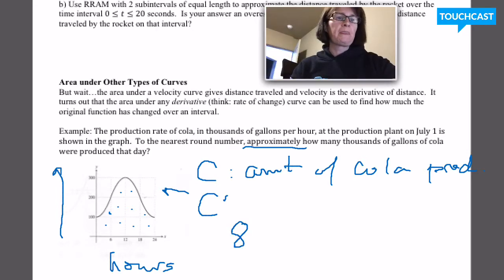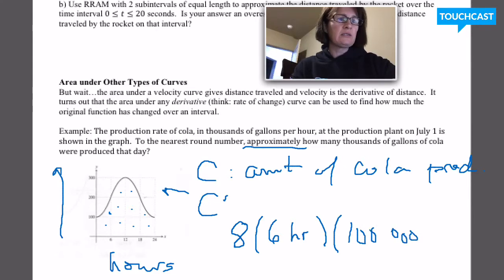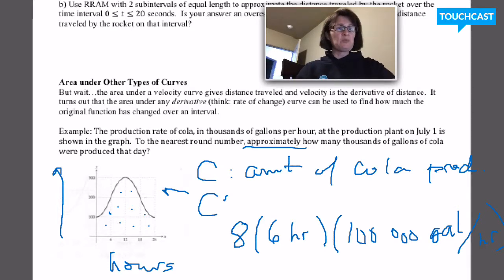So how many rectangles fit under the curve? 8. Each rectangle has a width of 6 hours and a height of 100,000 gallons per hour. So I'm going to do all this multiplication.